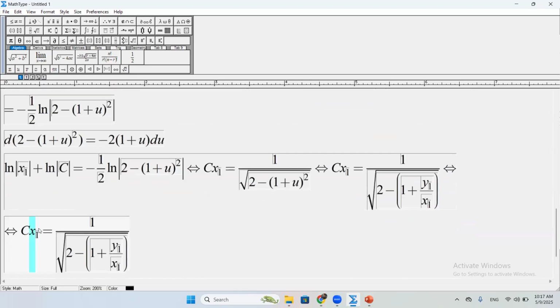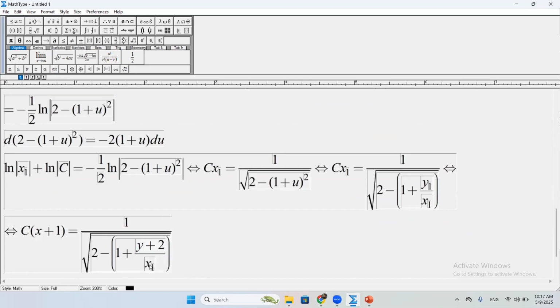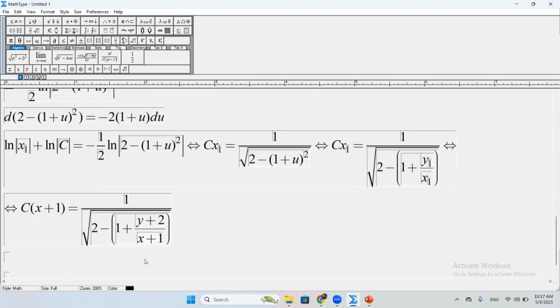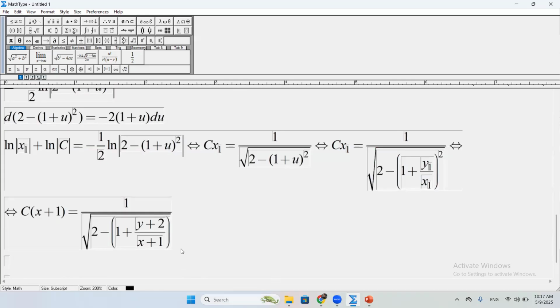So c, x plus 1, and here y plus 2, and x plus 1. Now we actually can even write in the explicit form. Oh no, it will be hard to write down in explicit form because we have a square here. So let's leave it like this.